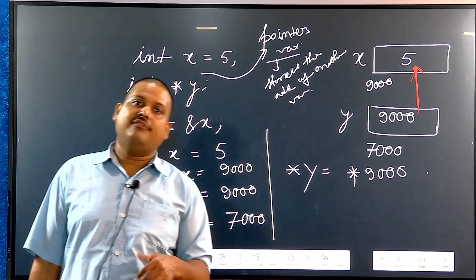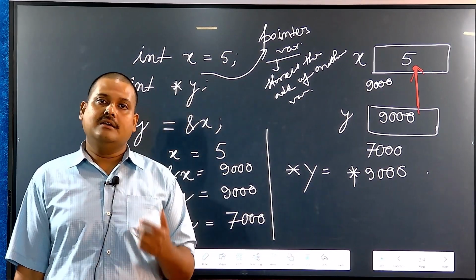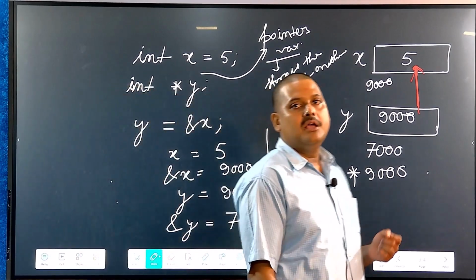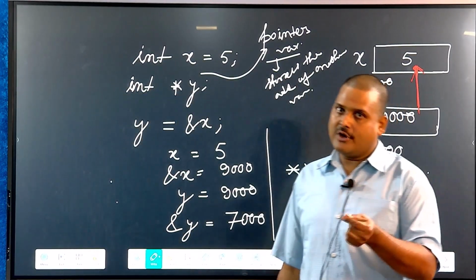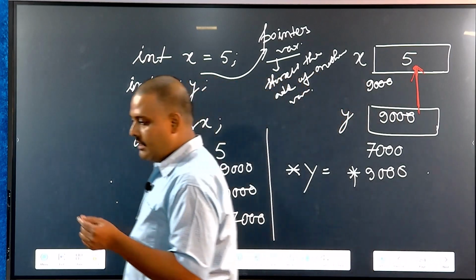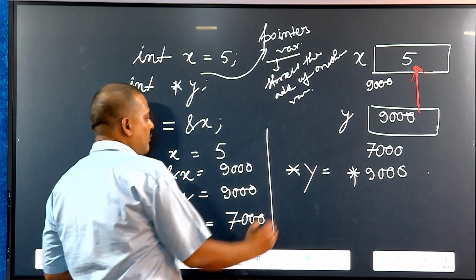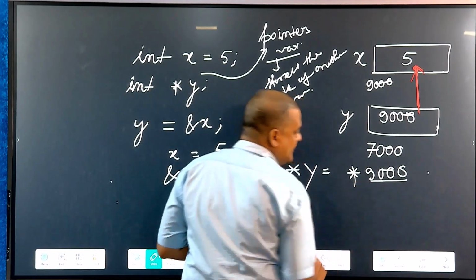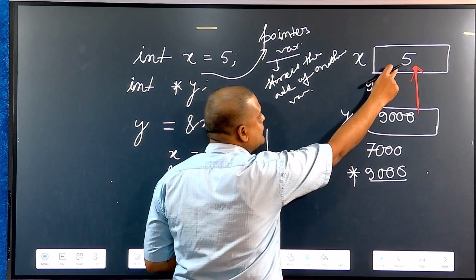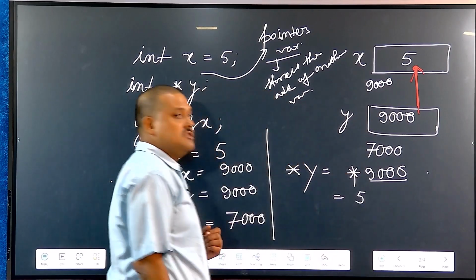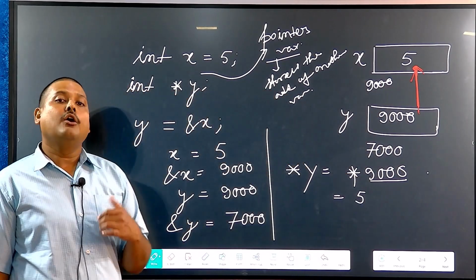That means what value is stored at 9000. So, pointer of some variable means what value is stored at that particular location, or what value it is pointing to. So, what value is at 9000? Inside 9000, what value is there? 5 is there. So, this way we will interpret all the things.